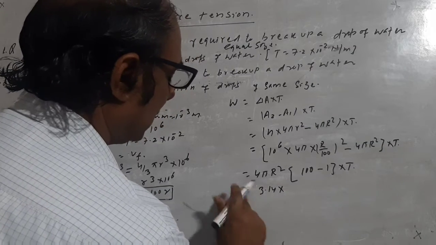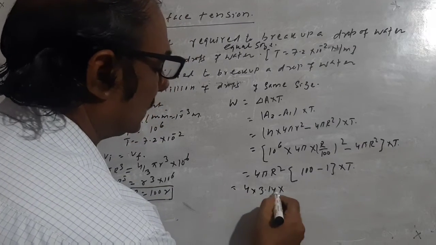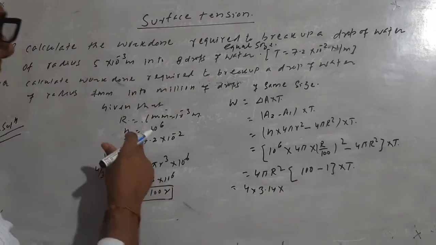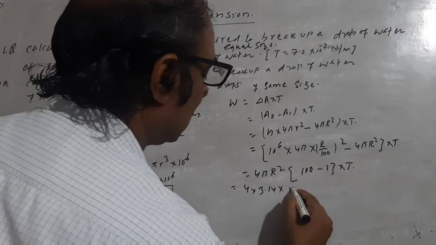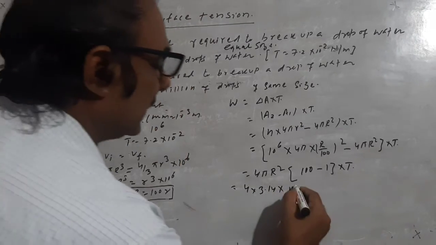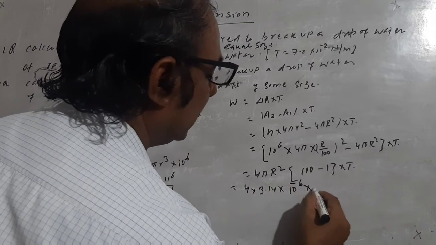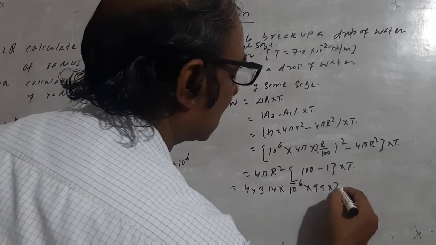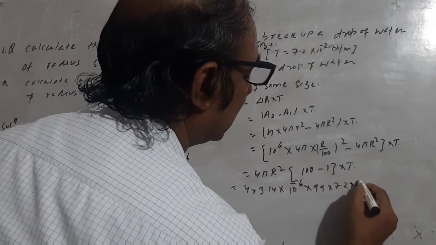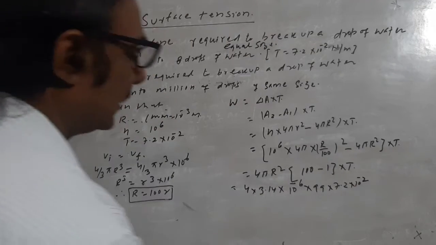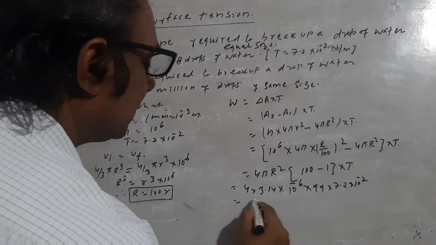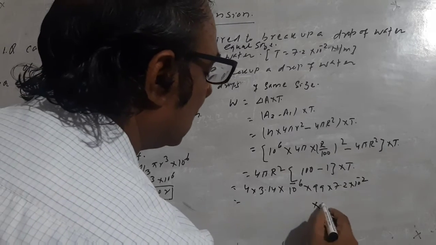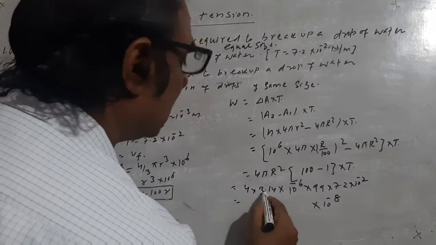So 4 into 3.14 equals 12.56, and R means 10 to the power minus 3 squared, so minus 6, into 99, into surface tension 7.2 into 10 to the power minus 2. Solving all the data, the powers 6 and 2 give 10 to the power minus 8.